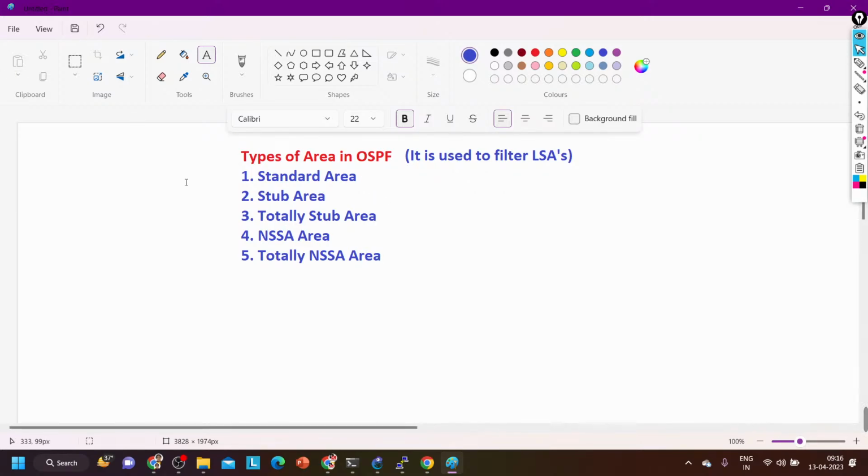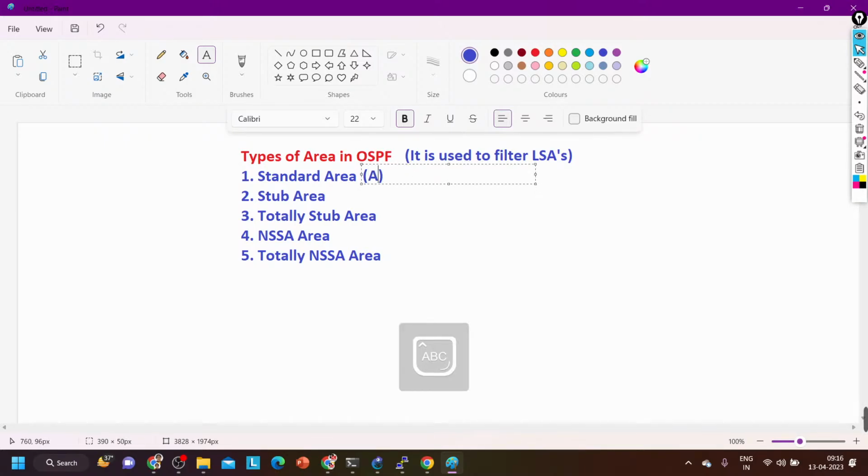So let me discuss all areas one by one. Standard area is your normal area. You can say normal area as well for a standard area. And by default, all LSAs are allowed in this area. Done.